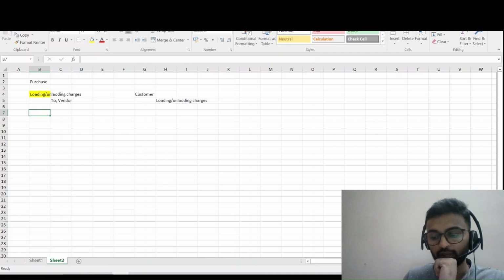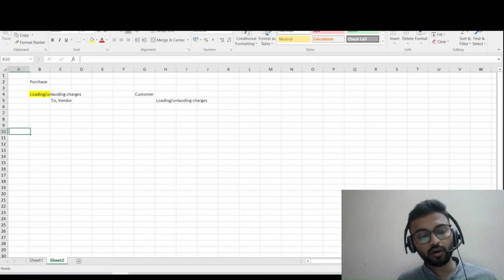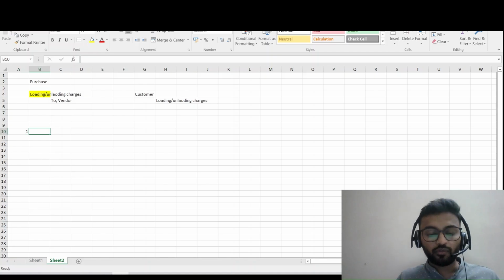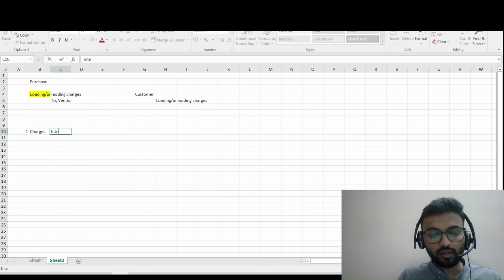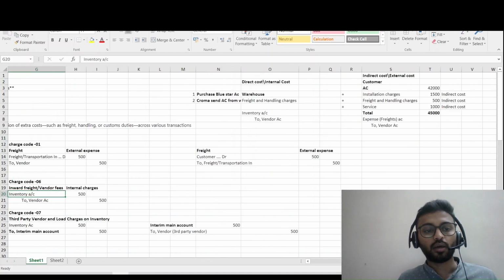So the first concept here is, whenever the company is bearing the charges, that is called an internal charge.